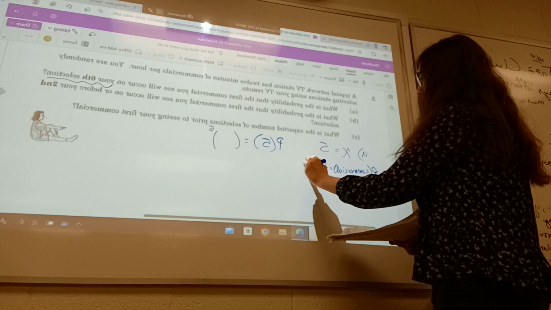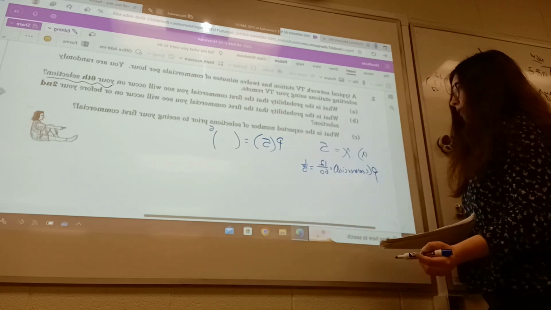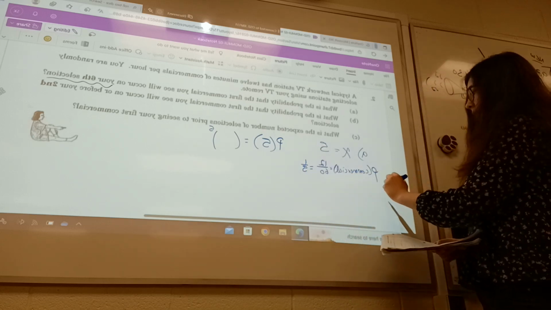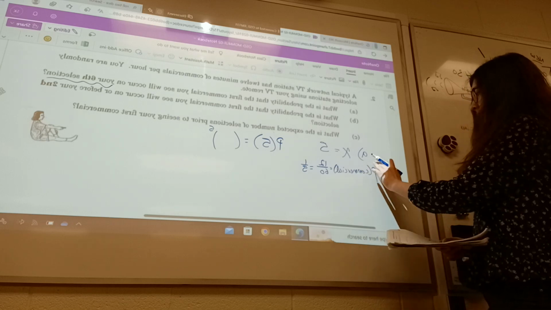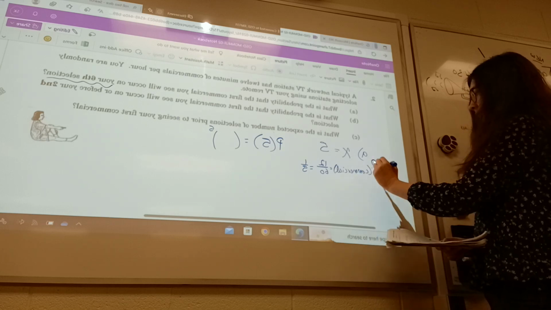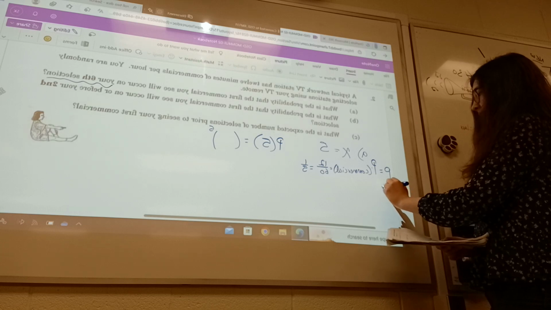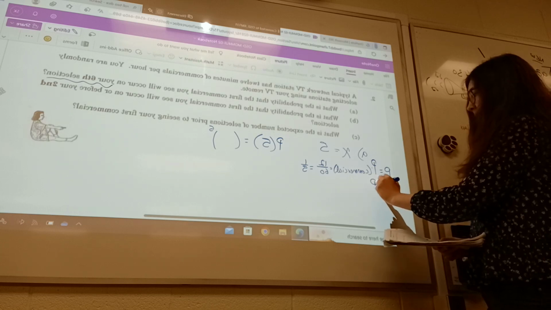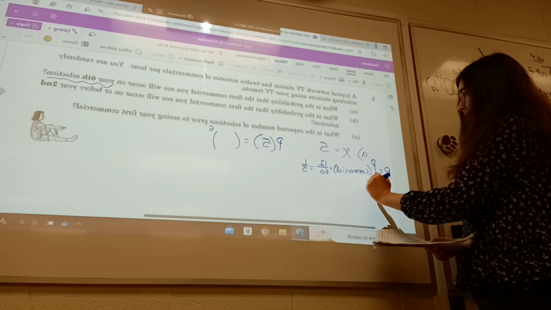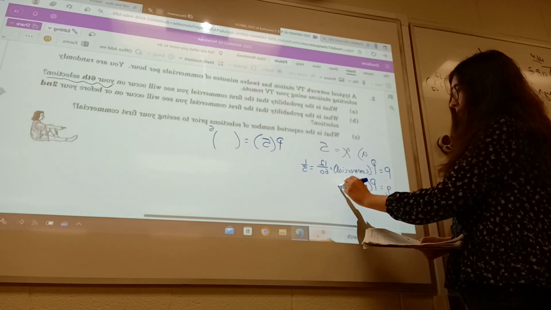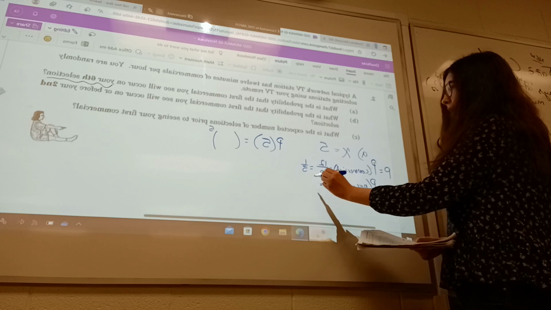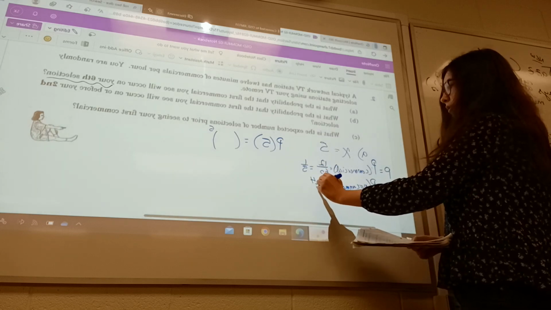That actually equals 1/5. And that's what we're going to consider a success, so little p. And then the probability of a failure, that we don't land on a commercial, would be 1 minus that 1/5, or 4/5.